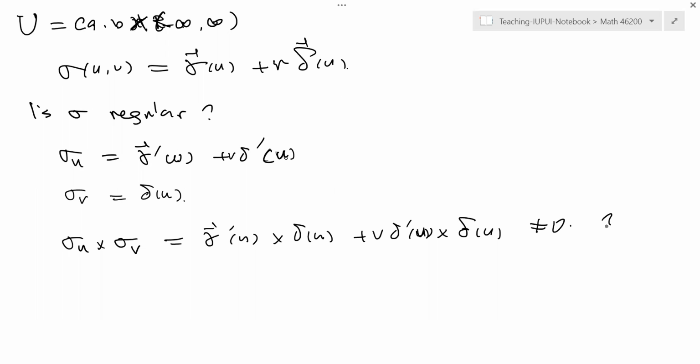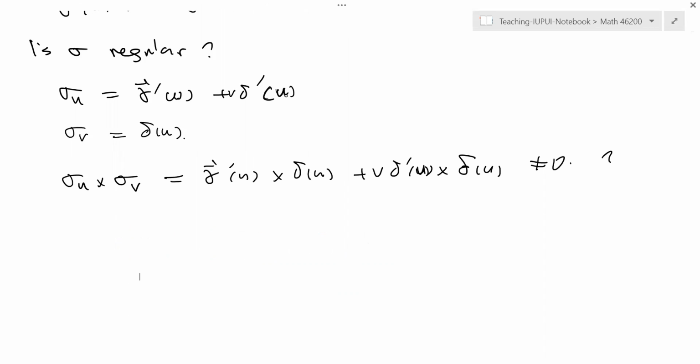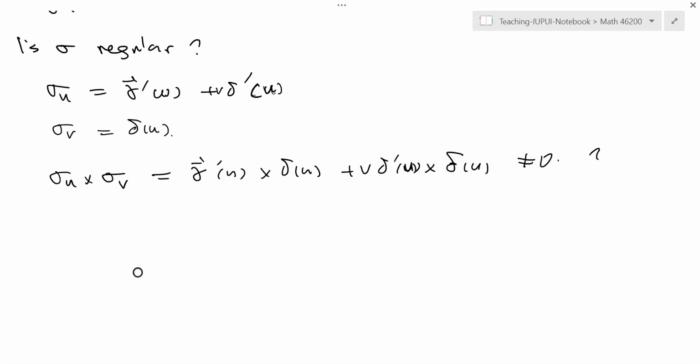So let's take a look at a special case. We assume that gamma is parameterized by the arc length, and sigma delta is going to be the normal vector, one of the normal vectors.